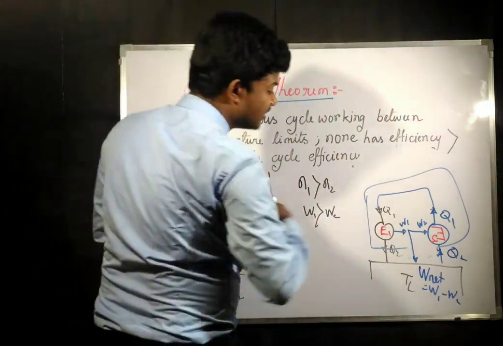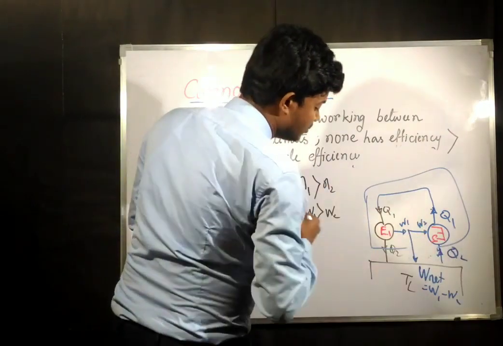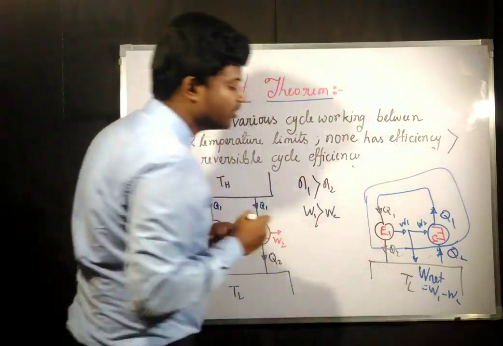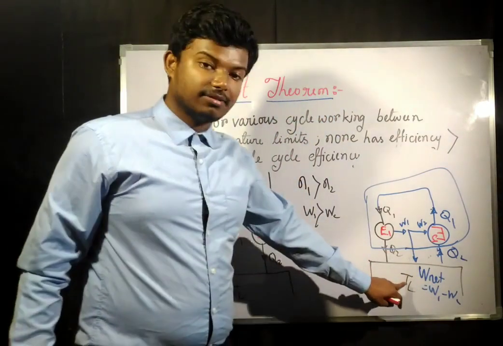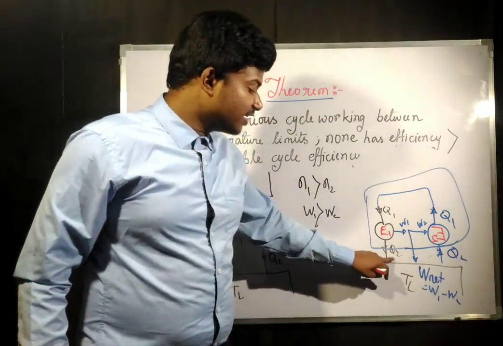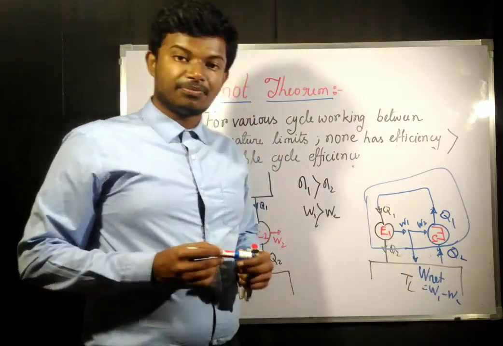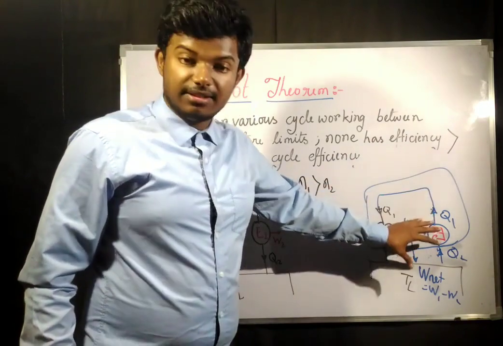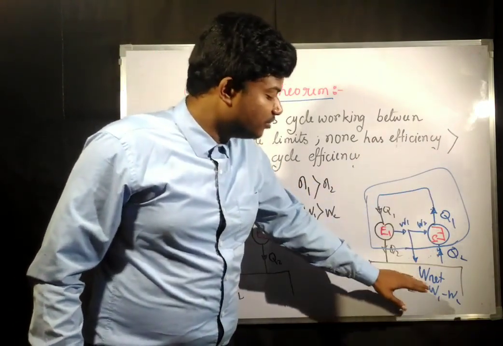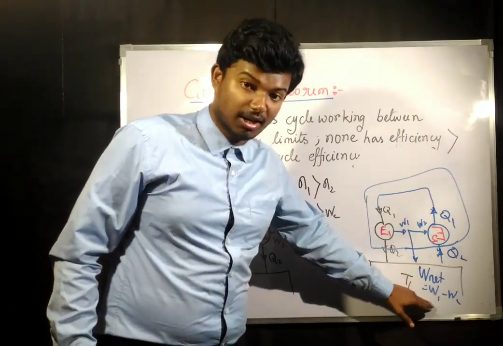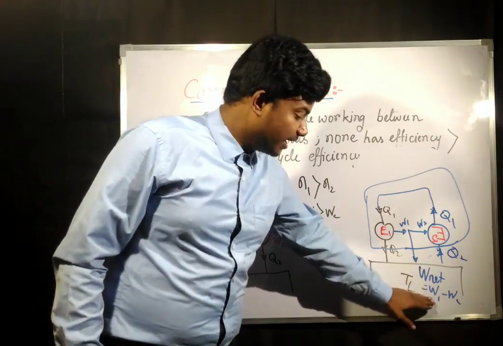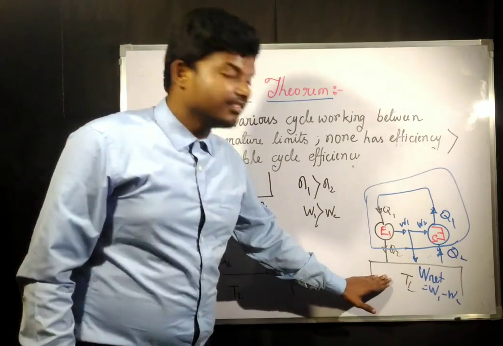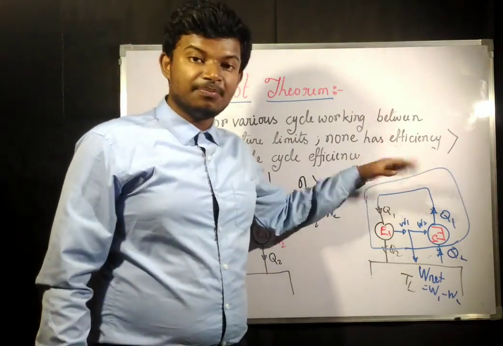Now if you consider this total thing as a system, what is happening from this system? We are going to get some W net, and there is heat interaction of Q2 and this Q2. Now this complete system is going to get us continuous work with heat interaction with only one reservoir, because this reservoir has been erased.